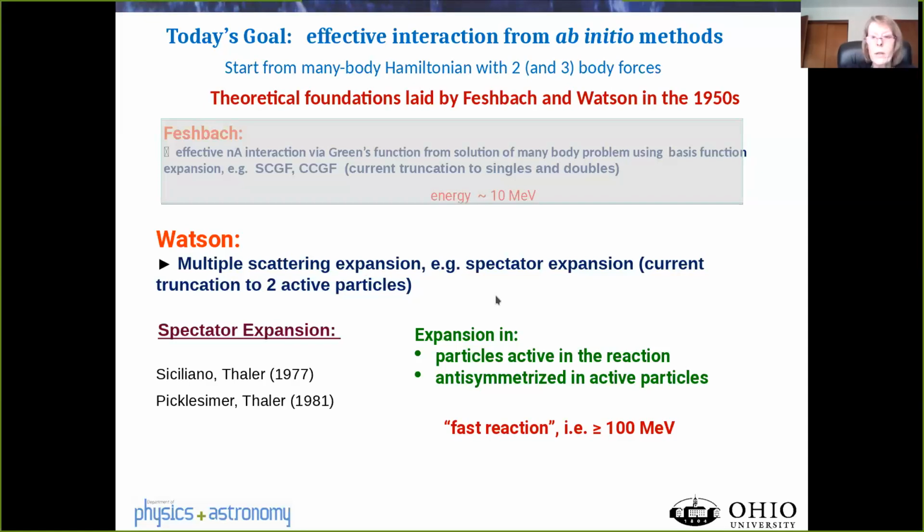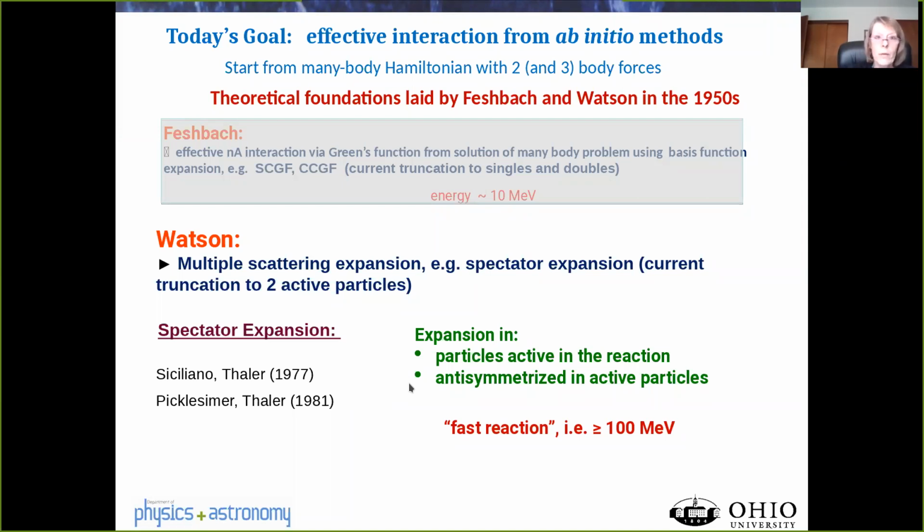The current implementation of all of this ends at two active particles. So the expansion is basically in particles active in the reaction. We also antisymmetrize in the active particles.